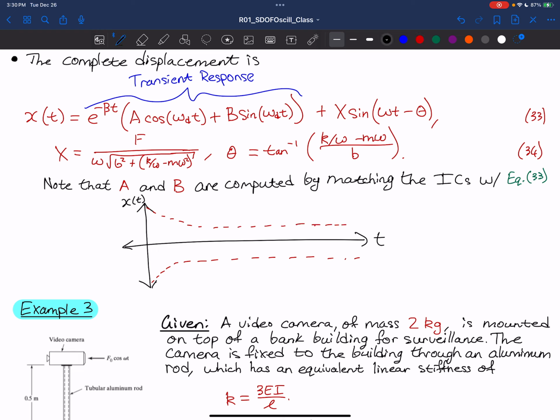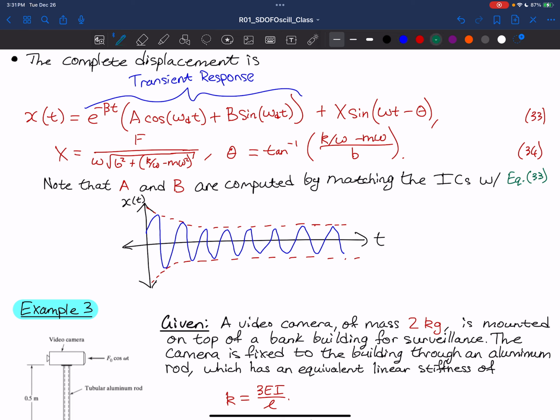Let's do the full total displacement in blue, and then I'm going to draw part of the steady state in green.